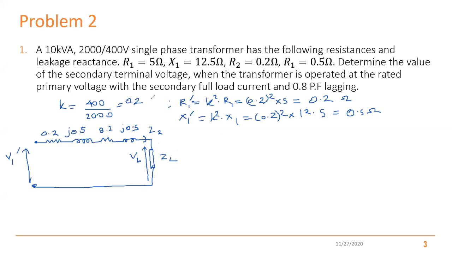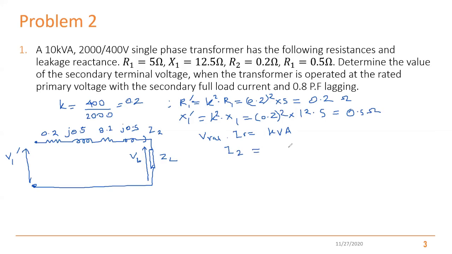So the magnitude of I2 can be found because they say that the secondary current is full load current. Full load current means the rated current that should be passing through the secondary. So you know V rated into I rated is kVA. Therefore, I can calculate I2 as kVA divided by voltage.